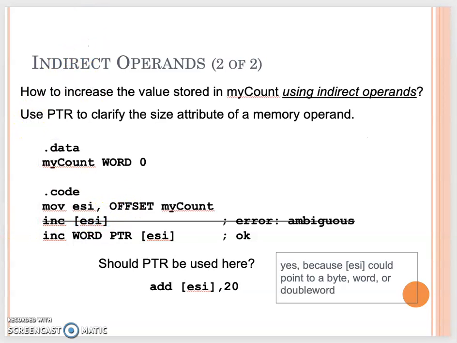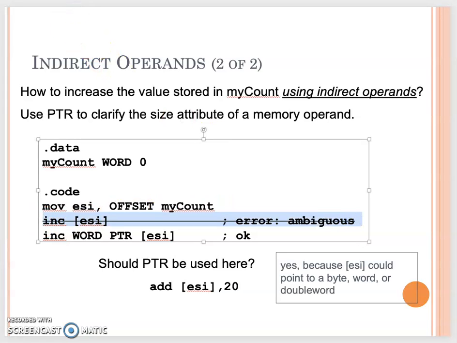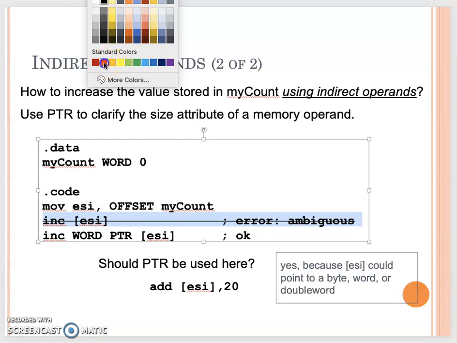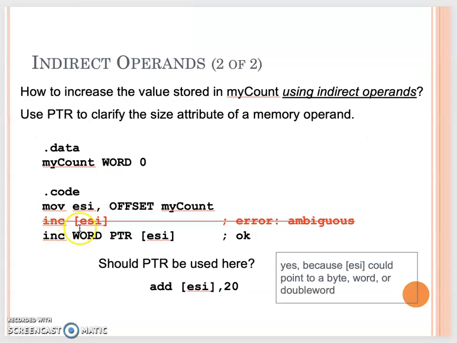Why is it wrong? Because you see here, it is ambiguous. You only have ESI with the square bracket to dereference. That means I go to that location and read, but I don't know how many bytes I need to read.